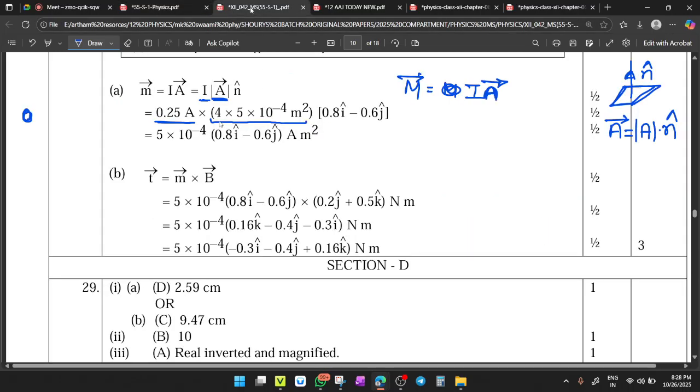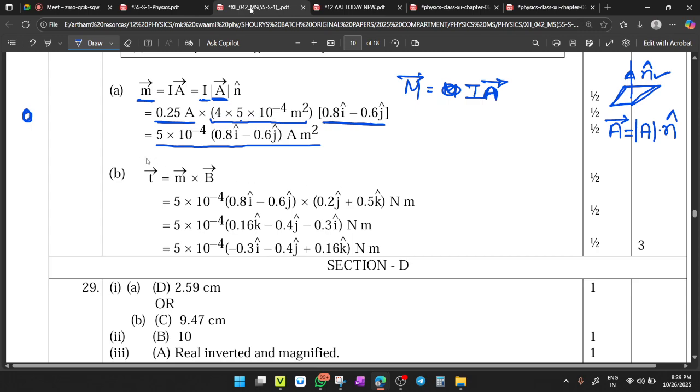So you will have 4 into 5 into 10 power minus 4, because 10 power minus 2 times 10 power minus 2 becomes 10 power minus 4. Clear? And finally, you have the normal unit vector, that is equal to this one. Clear or not clear? So finally you will have the magnetic moment as 5 into 10 power minus 4 ampere meter square. Clear or not clear?